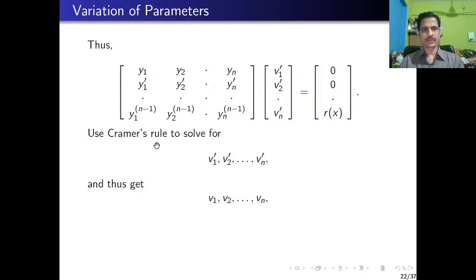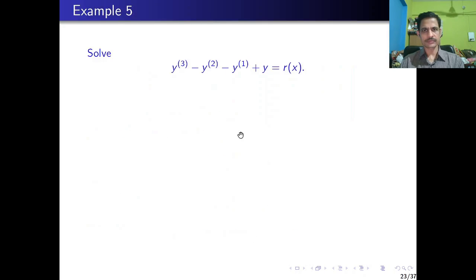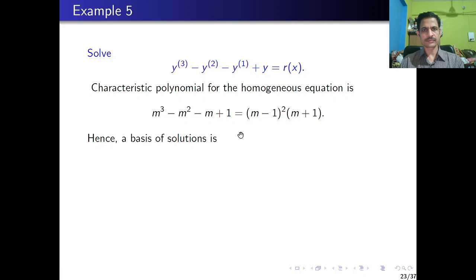So when you want to use Cramer's rule to compute v1 prime, that will be equal to the W1(x) in the numerator divided by the W(x), that is the Wronskian. It is coming from this matrix. Determinant of this matrix is the Wronskian.